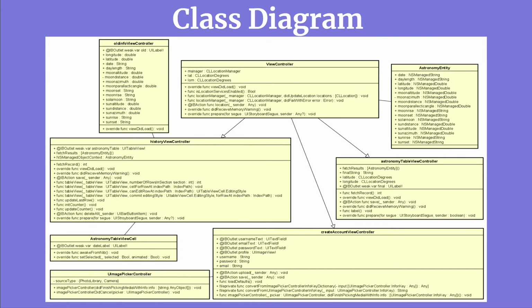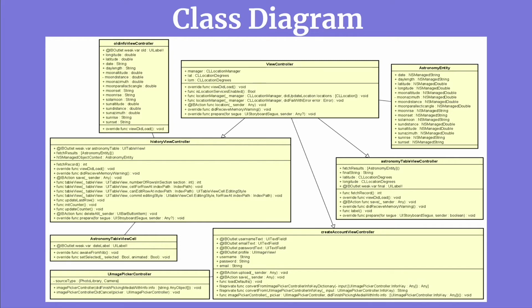So we're going to move on to the history view controller, which has the primary purpose of organizing all the saved history in a table view, and they are sorted by the date that the app has been used and saved.